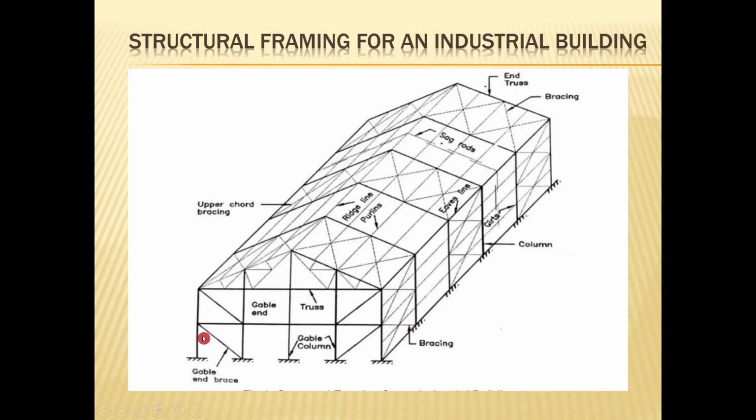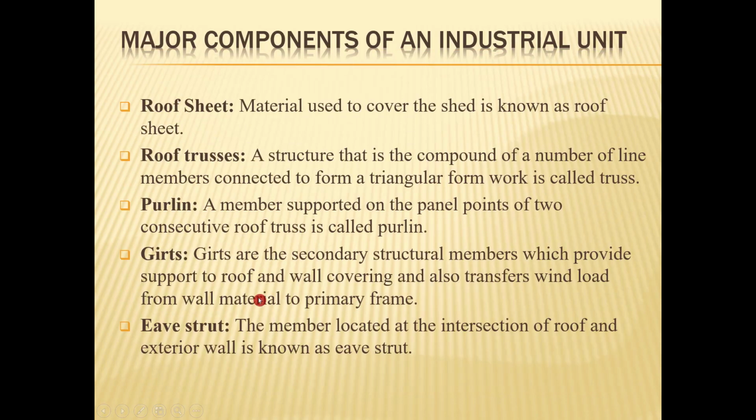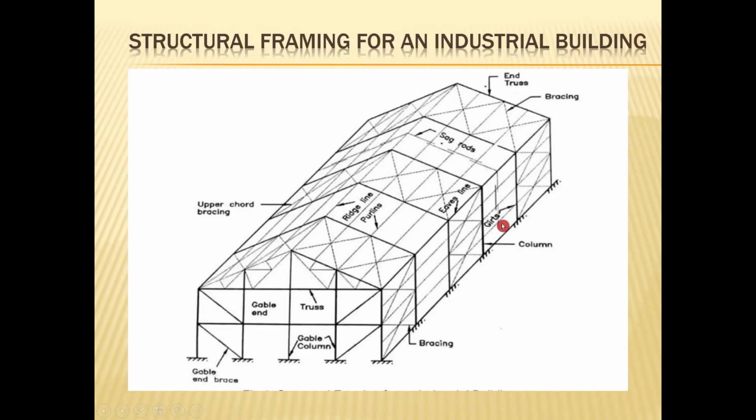What's the primary frame? Primary frame is like this. This is a single frame, like the frame is from here to here, and this is the truss portion over the frame. Back to the definitions. And eave strut is the member located at the intersection of the roof and the exterior wall. This is the eave strut at the wall roof edge.